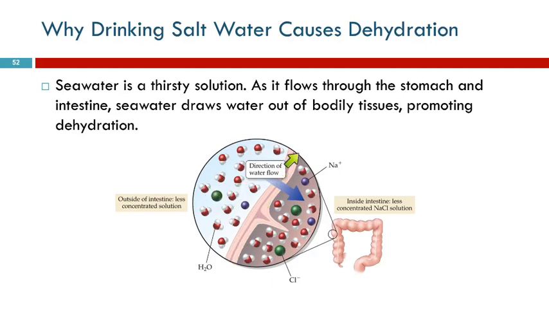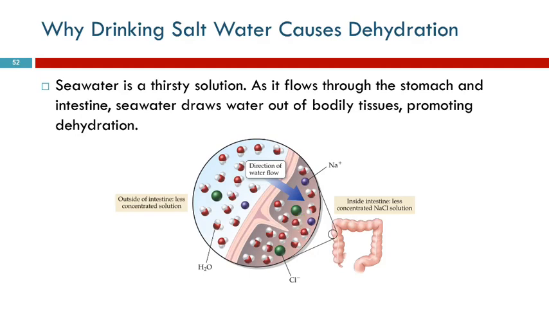And the membranes along your intestine are permeable to small ions and molecules. So the water can go through, the sodium and the chloride are not going to go through. And so what happens is water will be drawn out of your body into your intestines by osmosis.